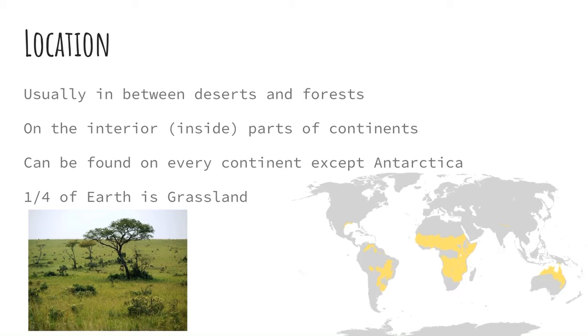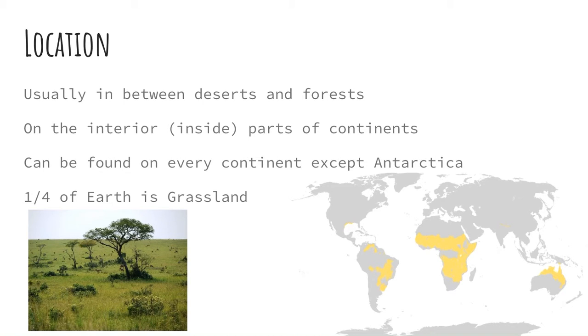So their location. Usually we find them in between deserts and forests and on the interior, or the inside, parts of continents. They can be found on every continent except for Antarctica. 1/4 of the Earth is grassland.